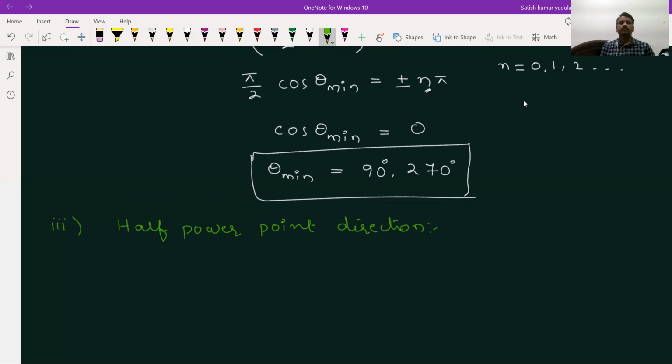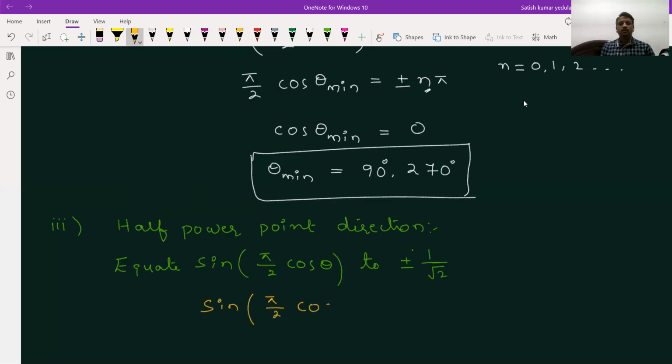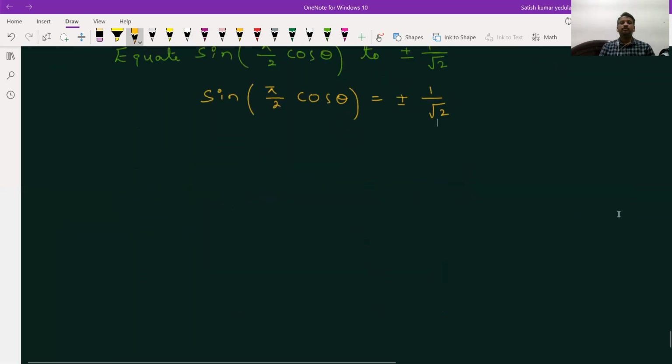So for getting this, you have to write every time, equate sine of pi by 2 cos theta to plus or minus 1 by root 2, because this is the value at the half power points. Now sine of pi by 2 cos theta is equal to plus or minus 1 by root 2, right?